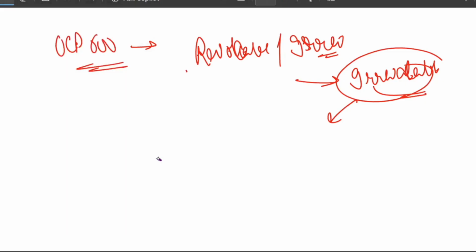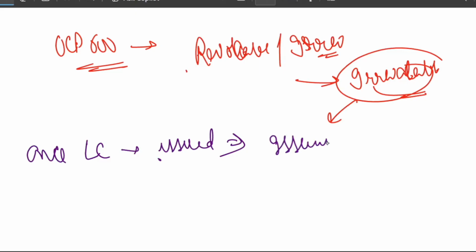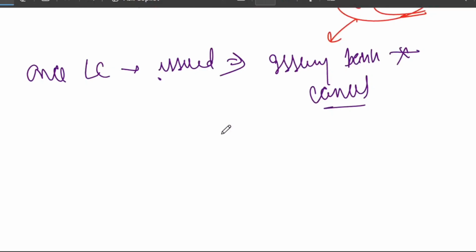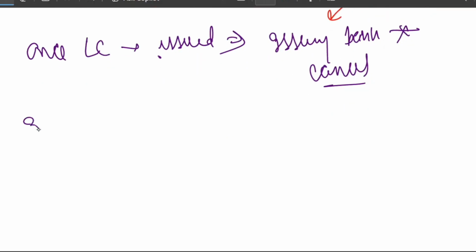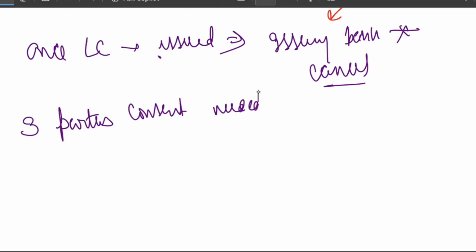So for cancelling, the consent of three parties is required to cancel or to revoke.